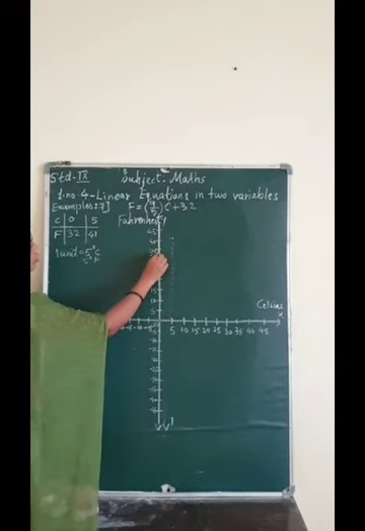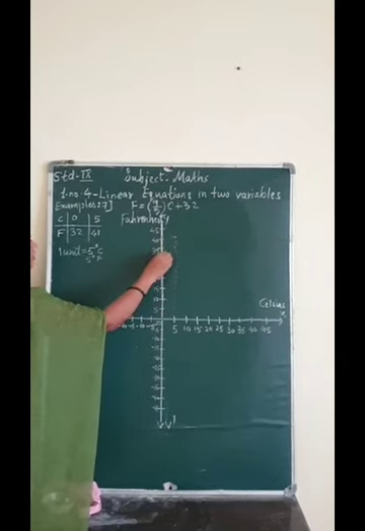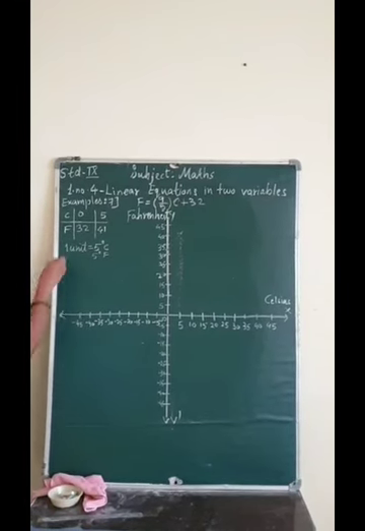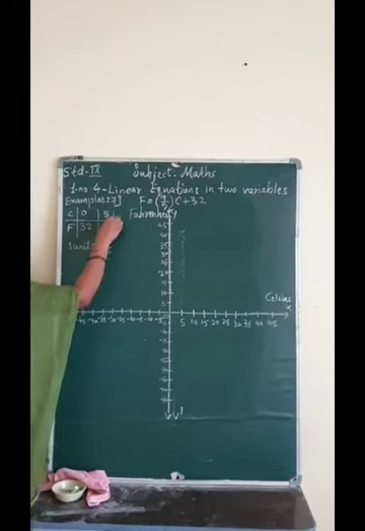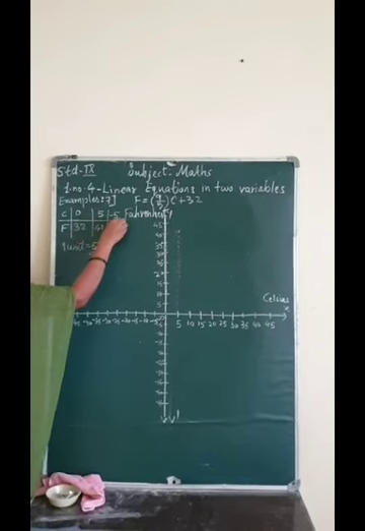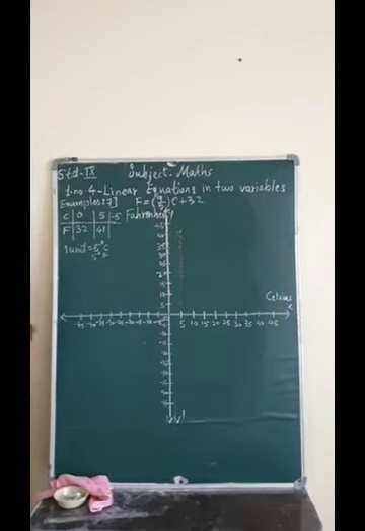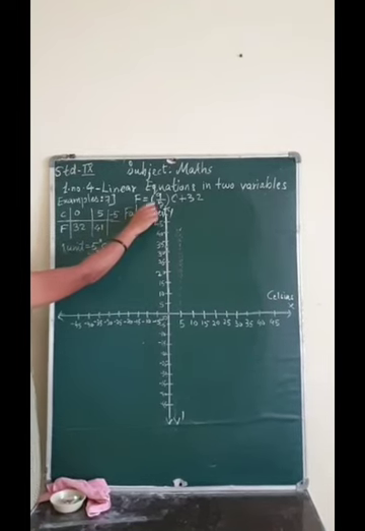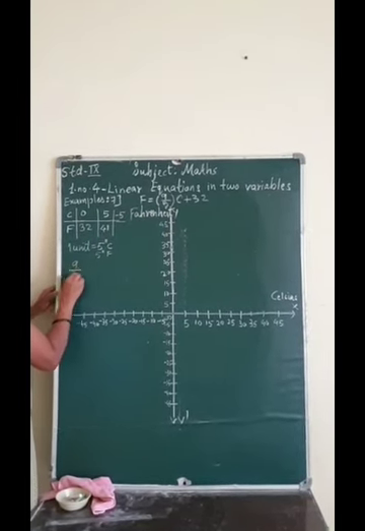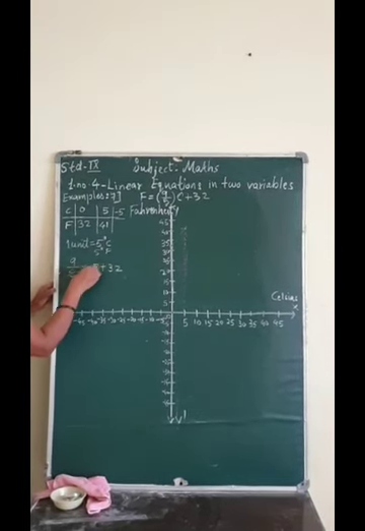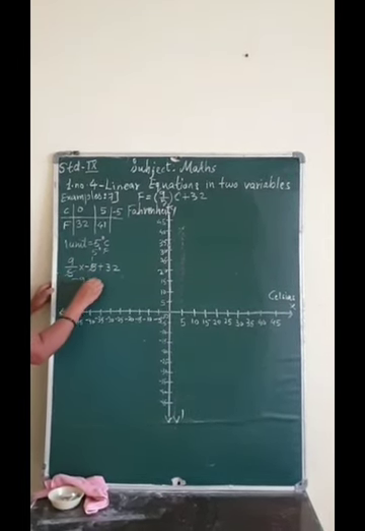Now if you join these two points, we get a straight line. Now again, for correctness of the line graph, if you take here minus 5, then what do we get here? Minus 9, then 9 upon 5 into minus 5 plus 32. So here we get minus 9 plus 32.